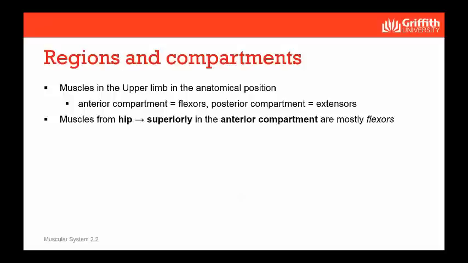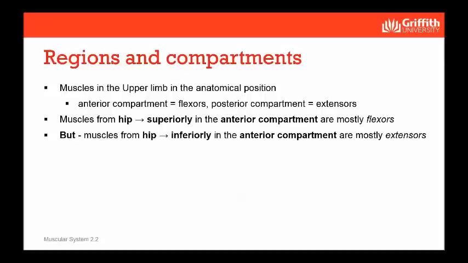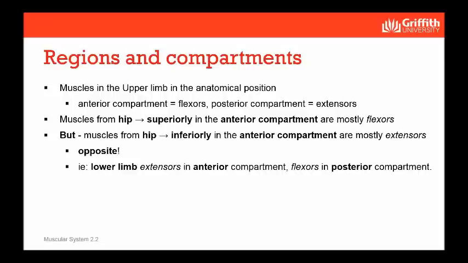In fact, muscles from the hip superiorly, located in the anterior compartment, are mostly flexors. However, muscles from the hip inferiorly in the anterior compartment are mostly extensors. The opposite. That is, lower limb extensors are located in the anterior compartment and lower limb flexors are located in the posterior compartment.